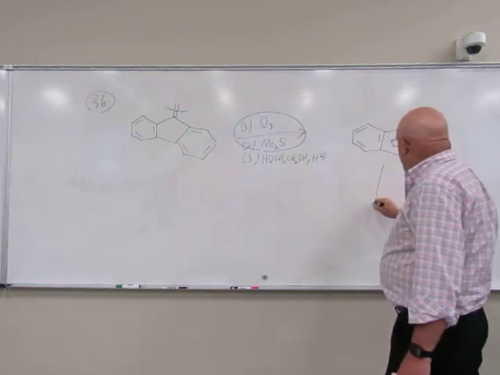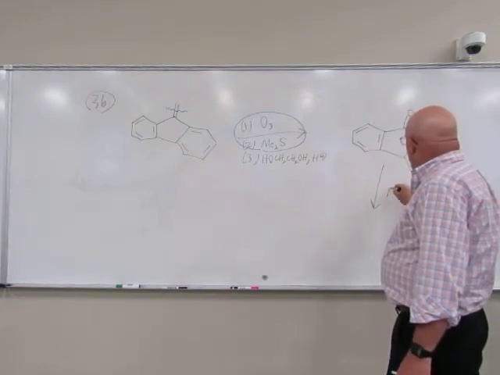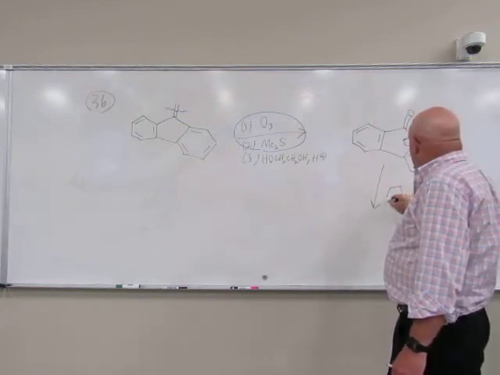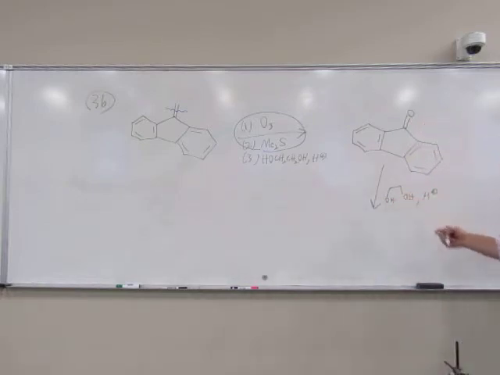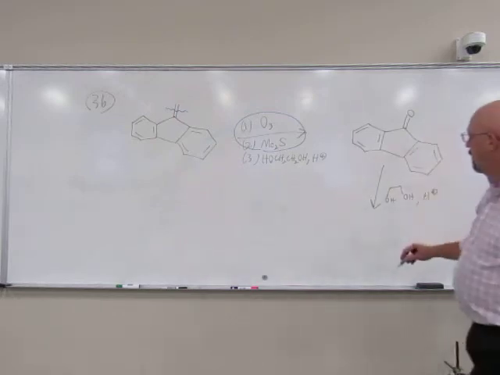Third step, we're reacting with the diol and acid as a catalyst. This diol, if you recall, is a protecting group for carbonyls. So this is making the cyclic acetal.